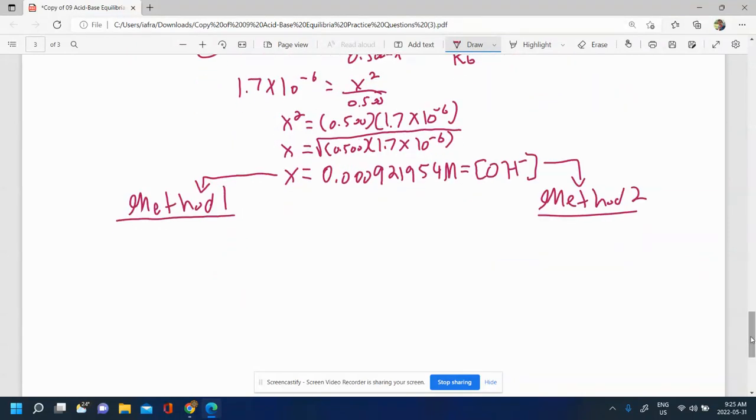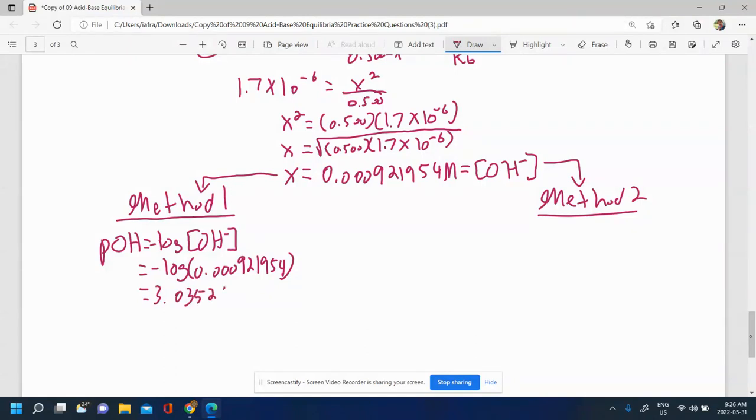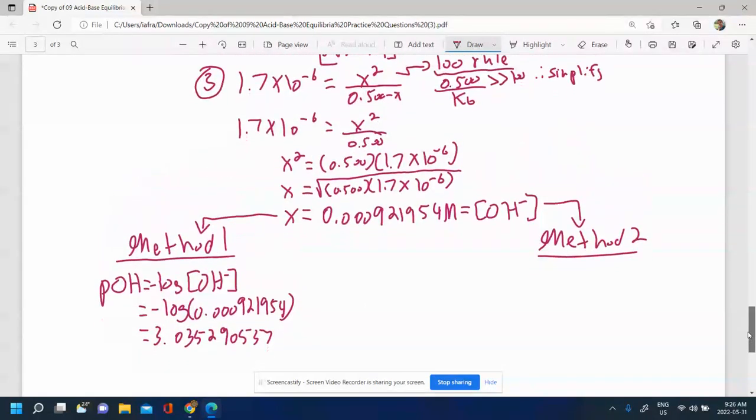The first method that you could do is you could find the pOH, which is the negative log of the concentration of OH minus, which is the negative log of that concentration we calculated, so the negative log of 0.000921954, which gives you 3.035290537 as a pOH. But remember, we want the pH. So let's call this step 4.